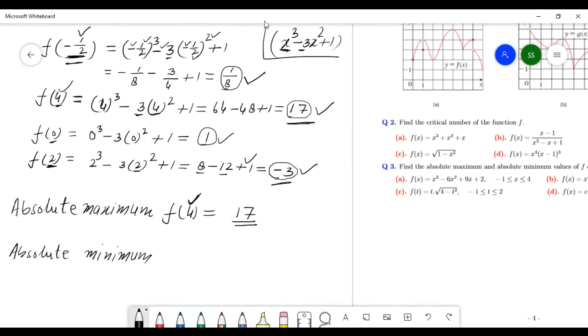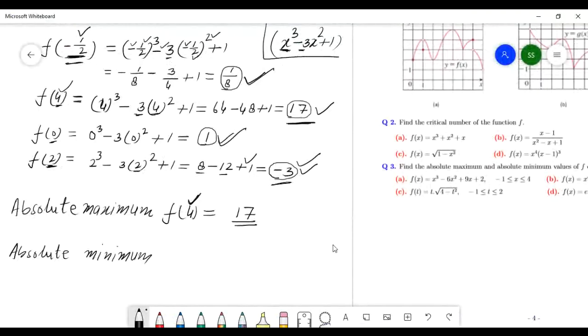Minus 3 is smaller than 1 and positive, so minus 3 is the smallest. So the absolute minimum is at this number, f of 2 equals minus 3. This is the absolute minimum, the smaller, and this is the bigger, the maximum. So the minimum is at this number 2, and the maximum is at this number 4. So this way you will find it.